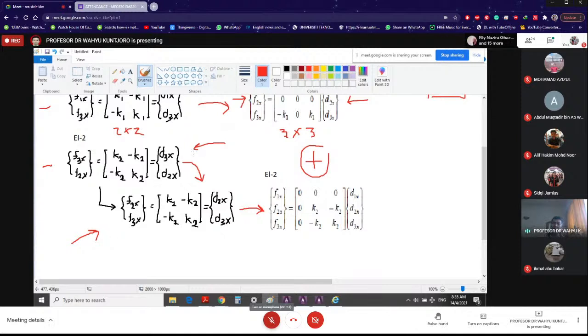For example, F2x at the top and F2x at the bottom. After you do a matrix analysis and they are the same, then that means they are the same. Only then do you understand whether you understand or not. At the moment, probably most students are only guessing instead of understanding. All right. Any other question?